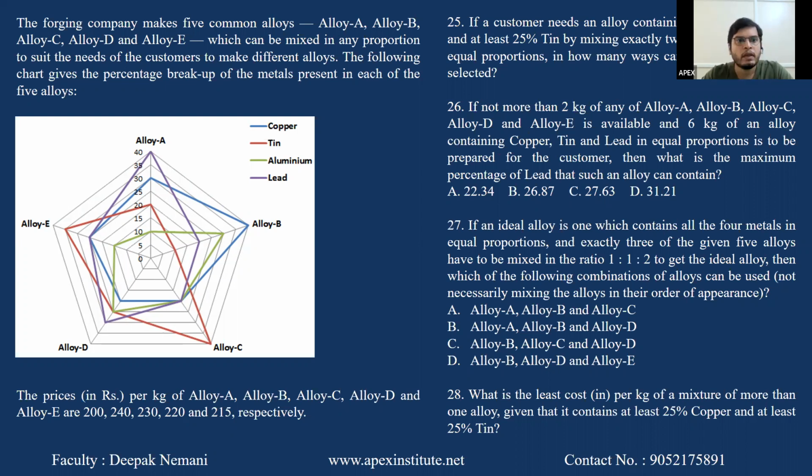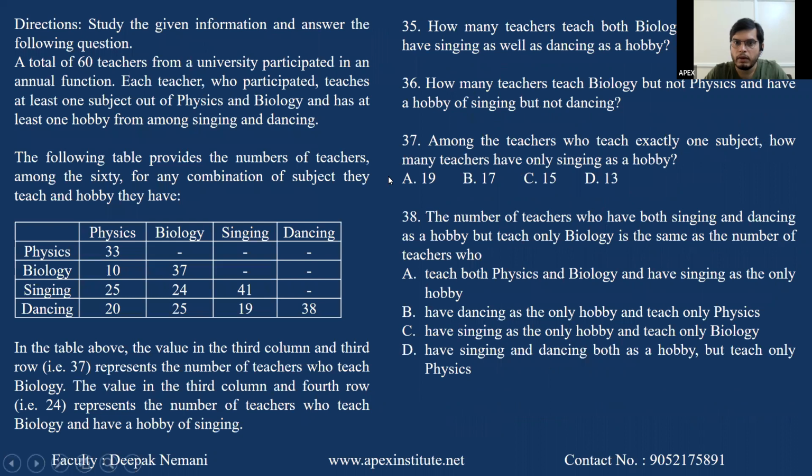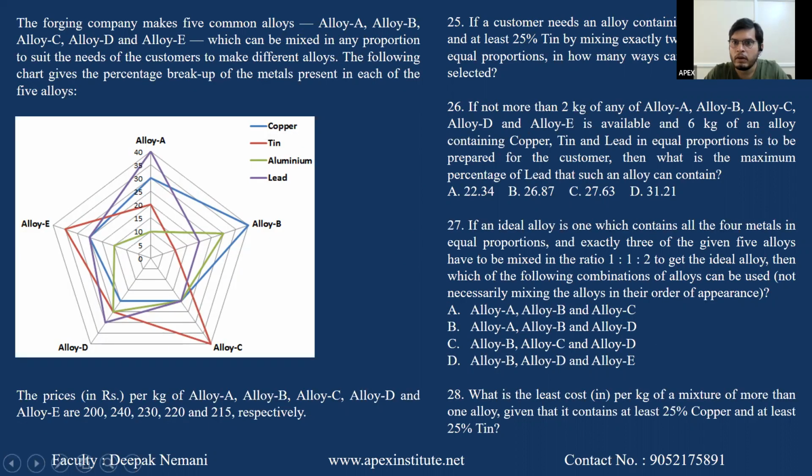Now from this we can determine the percentage distribution of these 4 metals in each of these 5 alloys. If I look at the questions, a customer needs an alloy containing at least 25% lead and at least 25% tin. If not more than 2 kgs of, sorry, my bad. Alloy A, B, and C, D, and E, 6 kgs of alloy containing copper, fine.